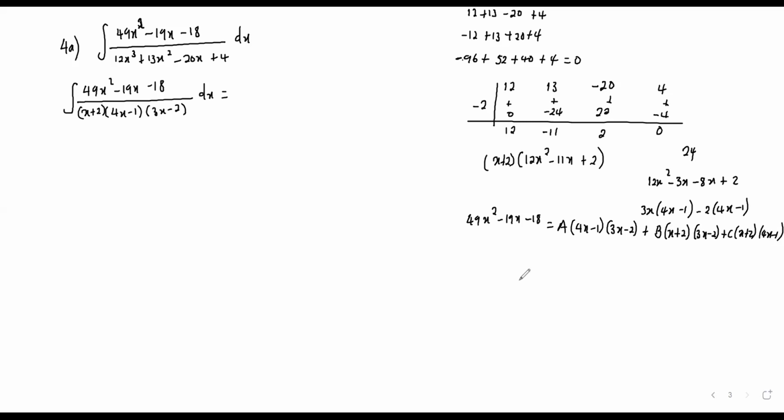You see? So now we are trying to hunt for A, B, and C.